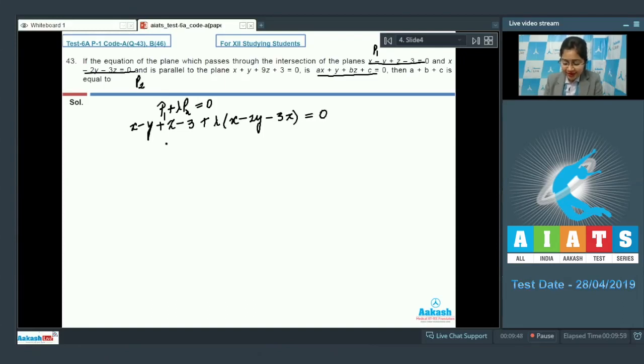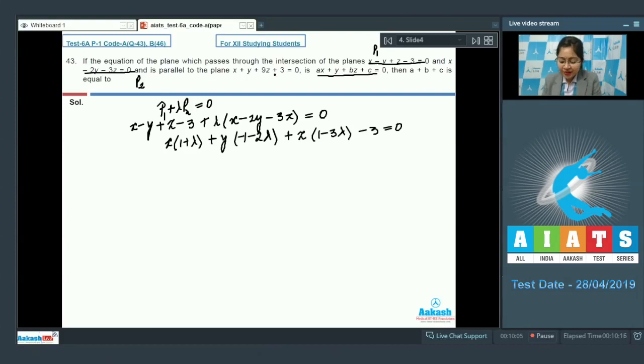The coefficient of x is 1 plus lambda, the coefficient of y is minus 1 minus 2 lambda, and the coefficient of z is 1 minus 3 lambda, with constant minus 3. This is our required plane.